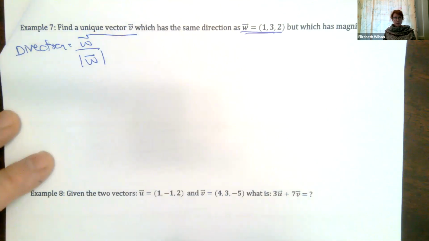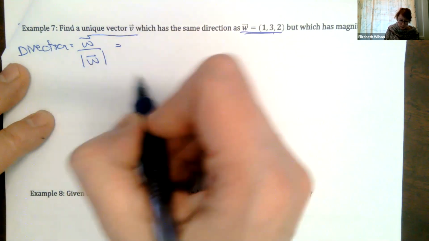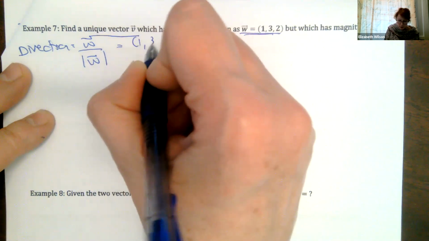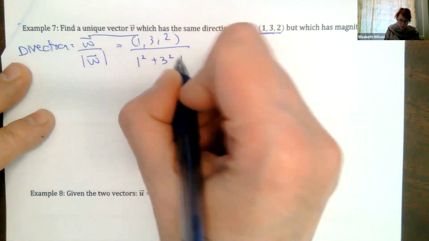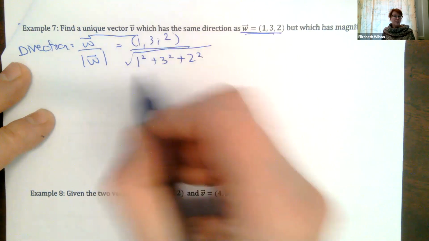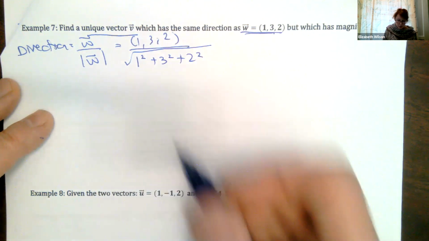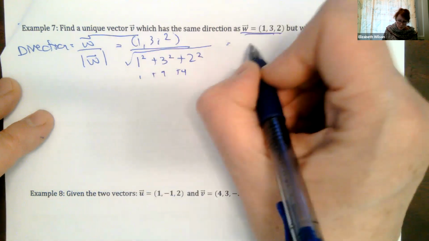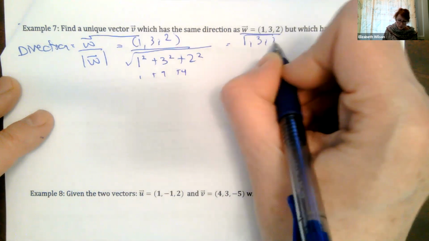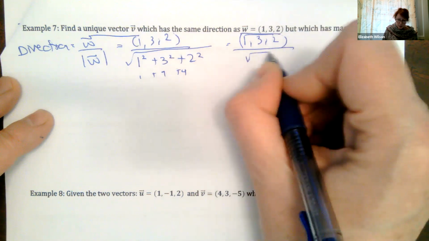So I'm going to calculate my w divided by its magnitude. This is 1, 3, 2 components. 1 squared plus 3 squared plus 2 squared. I get loose with the parentheses because they're all positive. This is 1 plus 9 plus 4. So this is 1, 3, 2 divided by radical 14.